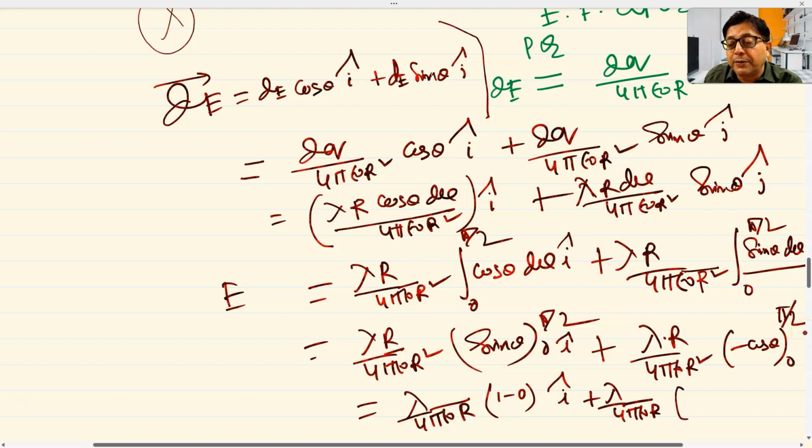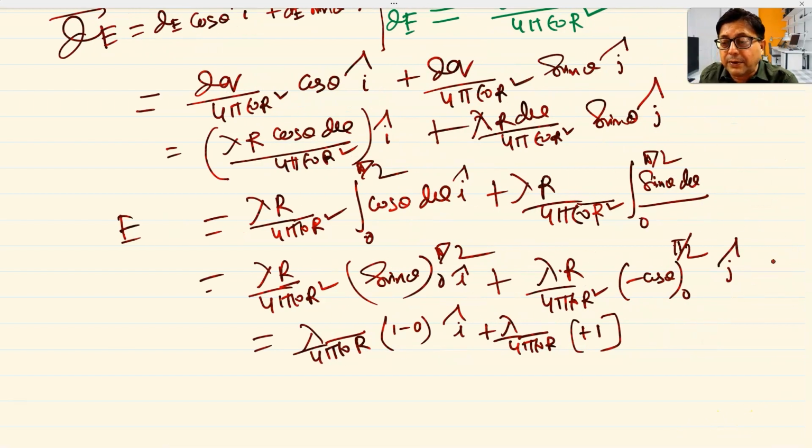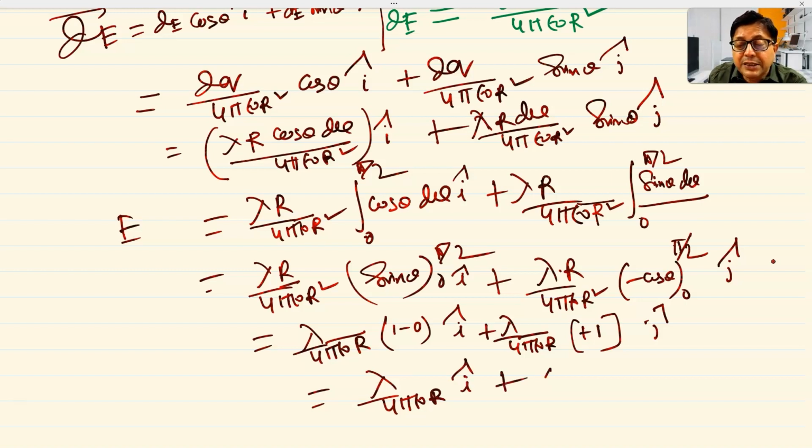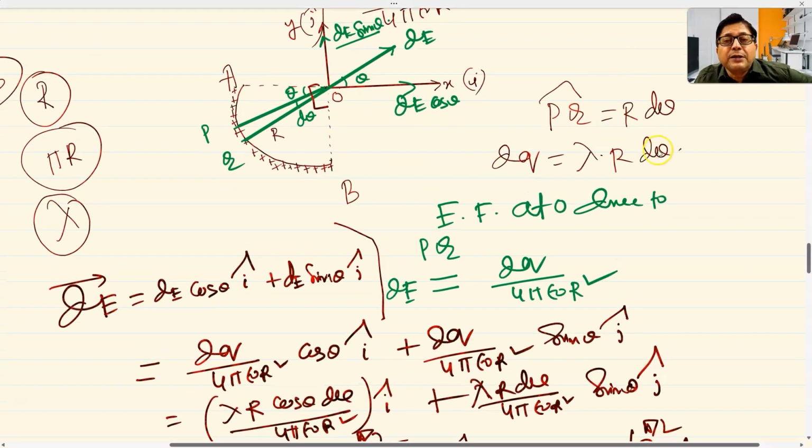Cos pi by 2 is 0 definitely, minus minus plus 1, plus 1. Okay? And this is into j cap. Okay? So there will be lambda by 4 pi epsilon 0 r, what? This plus this, but this is i cap and this is j cap. So electric field at this point has two components.